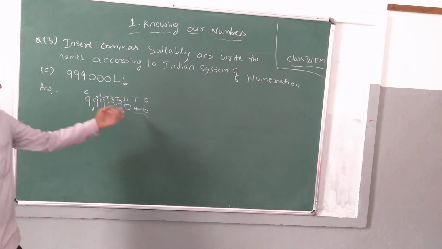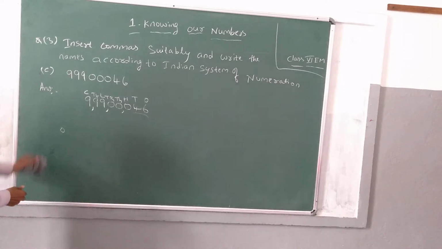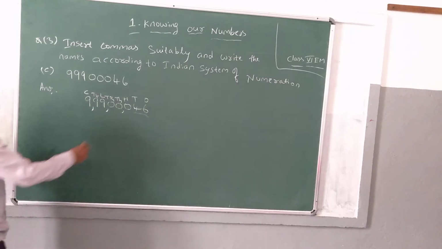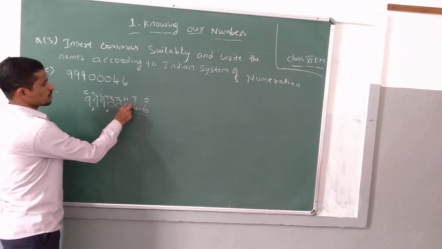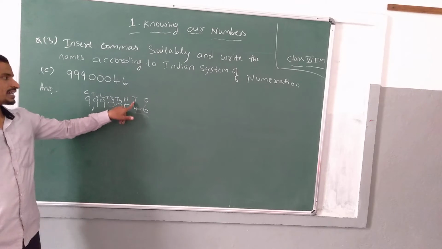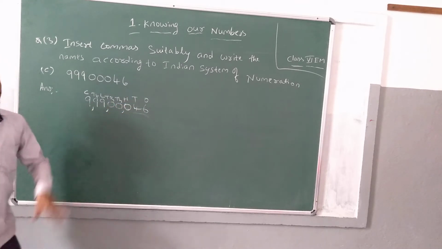Why? Because there is a 0. 0 has no value. So you should not pronounce like that. So 9 crore 99 lakh 46. Directly here tens place. 9 crore 99 lakh 46.